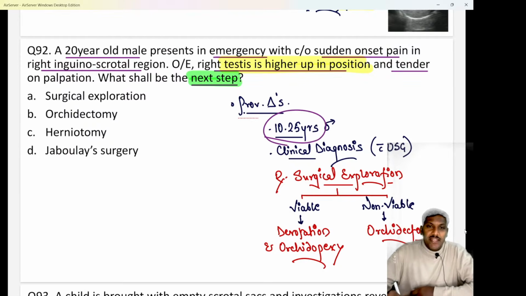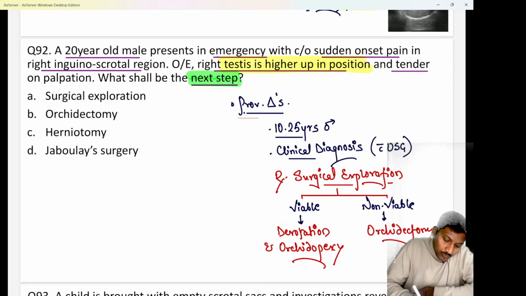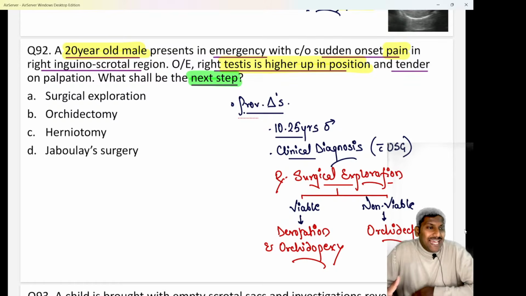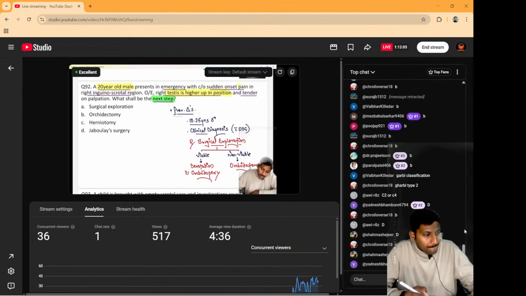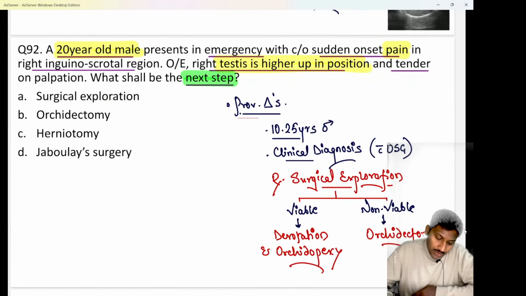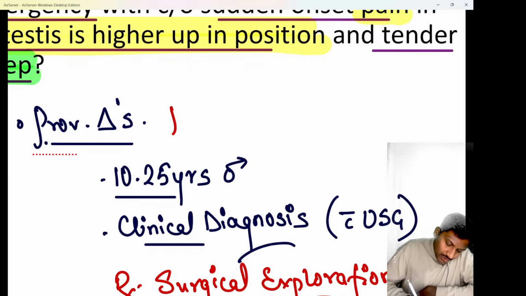Whenever they say a very young patient, that is a 10 to 25-year-old male, comes to you with complaints of a severe pain in the scrotal region or in the inguinoscrotal region and the testis is pulled up or it is higher up in position. Okay, we know this classical diagnosis is a case of which condition? Very good. Yes, shabash. So it is a classical case of nothing else but testicular torsion, beta.